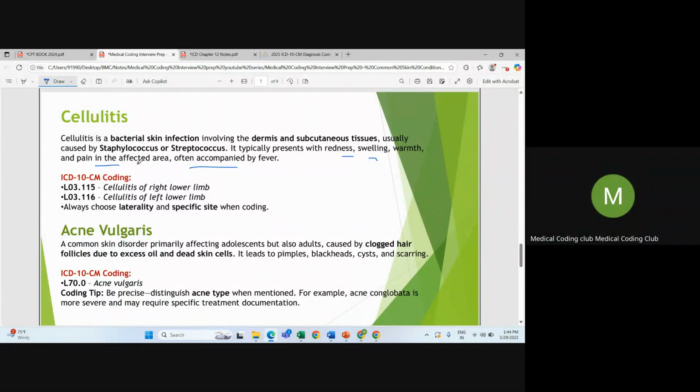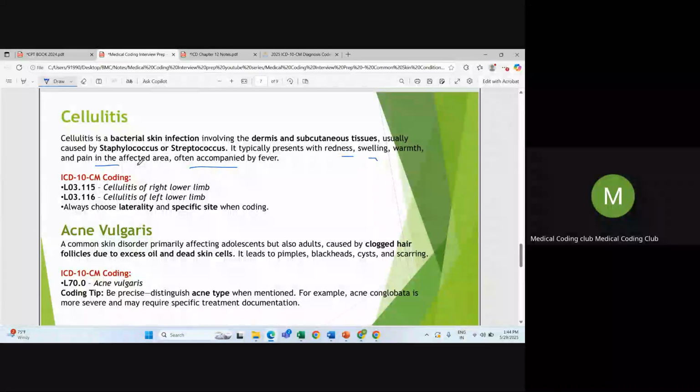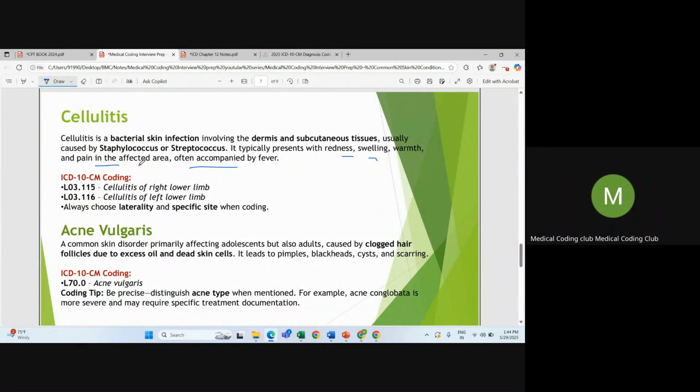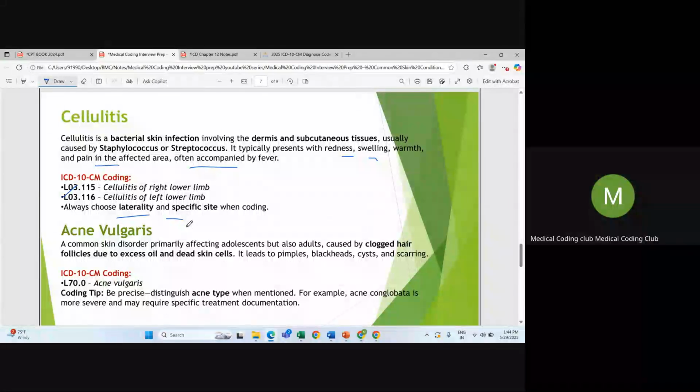It is most common in the extremities, like the lower limb. In the lower limb, cellulitis may often come, and the ICD-10 code category is from L03. Okay, we need to check the laterality and the specific anatomical site like lower limb, upper limb, and we need to assign the accurate ICD code.